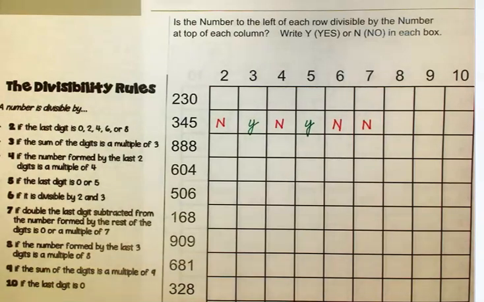Okay, I think I need to go back and clarify something because I want you to make sure that you get this. Up here on the divisibility by 7, take 5 and double it. That's 10. But here you don't add the digits together. You just look at the number formed by the rest of the digits.